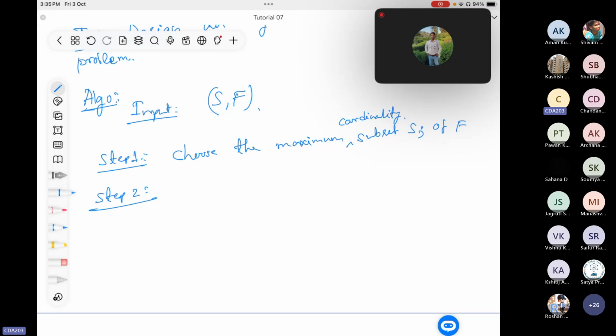So you choose the maximum cardinality subset. Now what do you do?